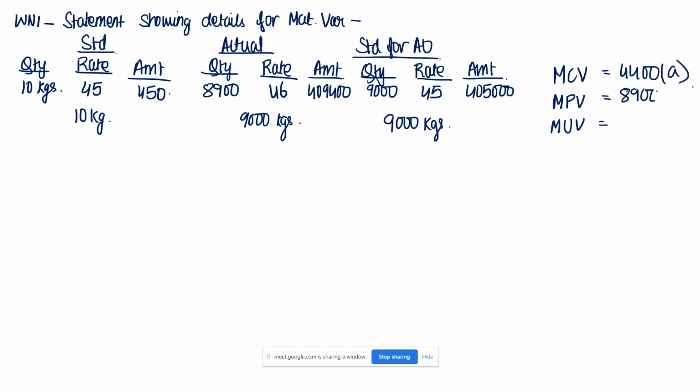Hamsa, Tripti, who all are there in the class? Everyone, please reply quickly. Divakar is not only supposed to answer.